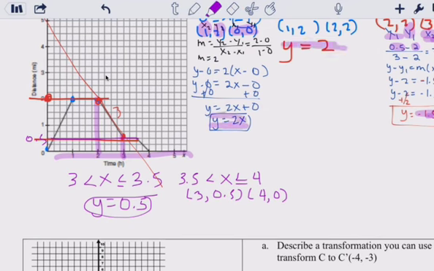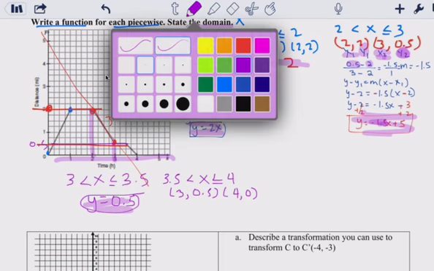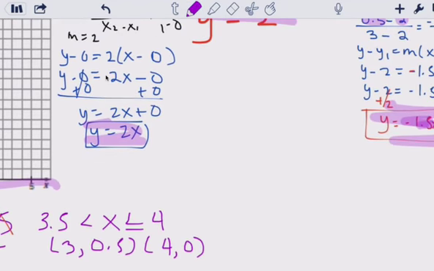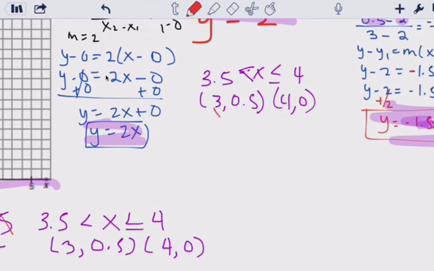Okay, my last one is this one right here, because I already have an answer here, here, here, here. Just this last one, I'm going to do over here. Okay, so I'm going to make this my x1, y1, x2, y2.